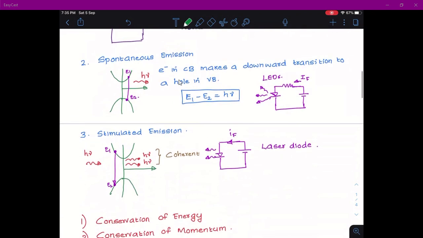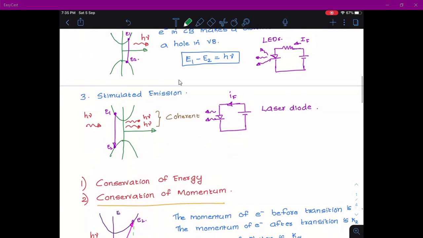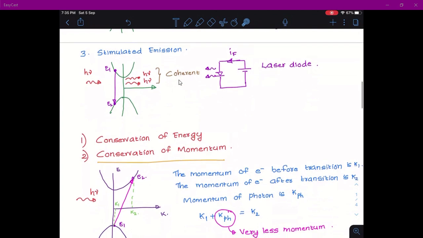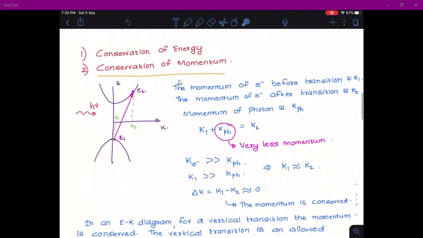Spontaneous emission is where you move from a higher energy level in the conduction band to a lower energy level by emitting light. Stimulated emission is where you have light incident on the semiconductor having an electron at a high energy level, it will move to a lower energy level, and it will emit light along with the incident light. And all these are based on two principles, which are conservation of energy and conservation of momentum.